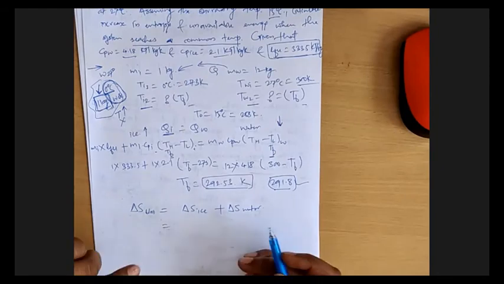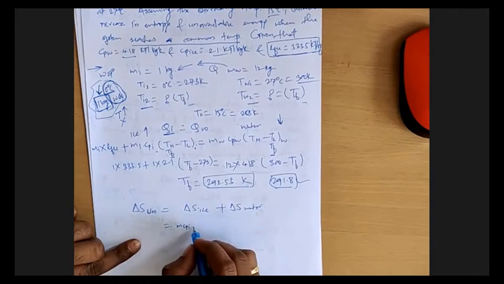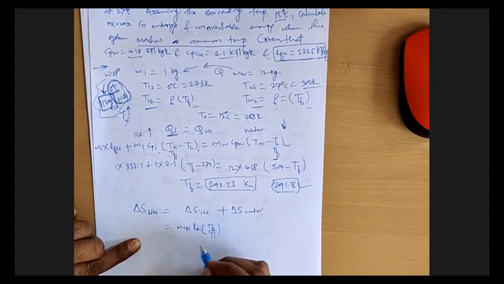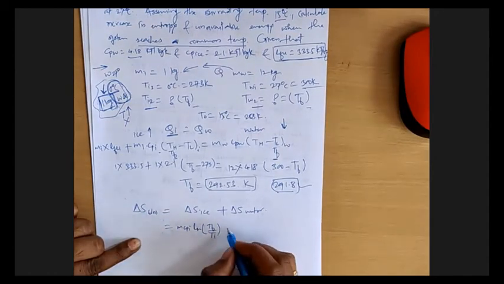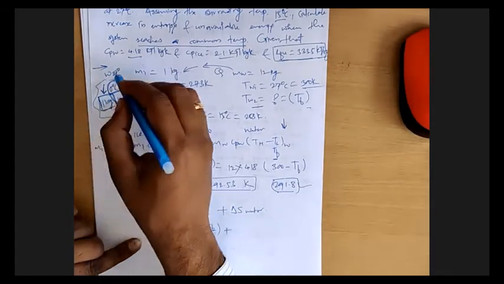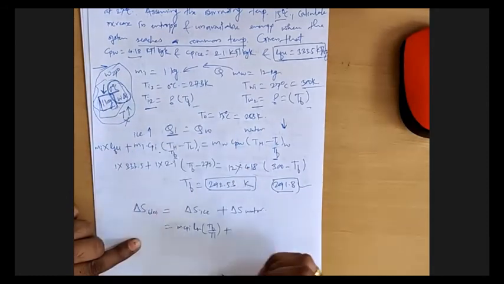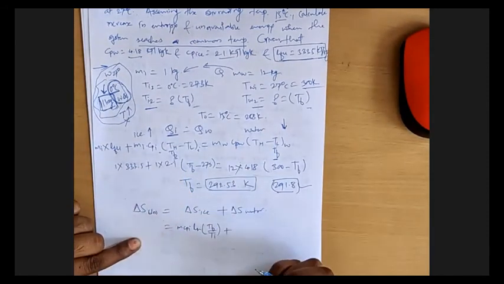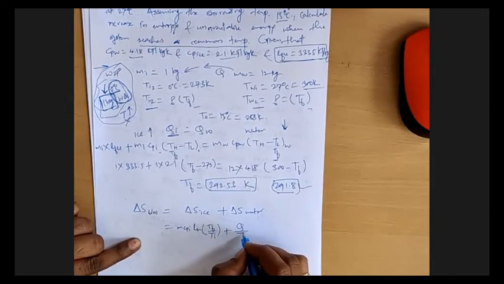For ice, m Cp ln of T final by T initial, final temperature of ice to the initial temperature of ice, plus some heat is going to be consumed for the conversion of ice into water, right? That we saw in the heat transfer. Same will be applicable to entropy change also, and that entropy change will be Q by T.